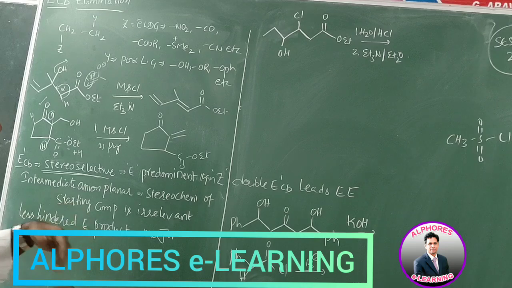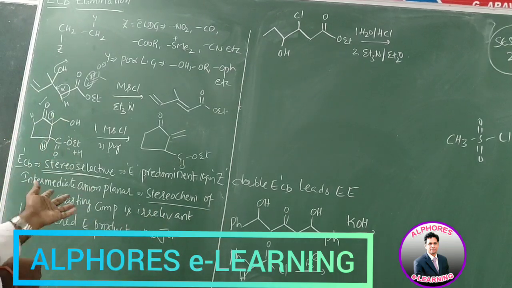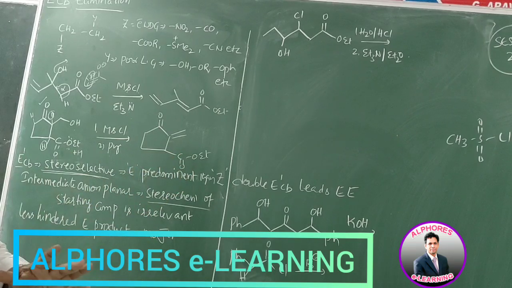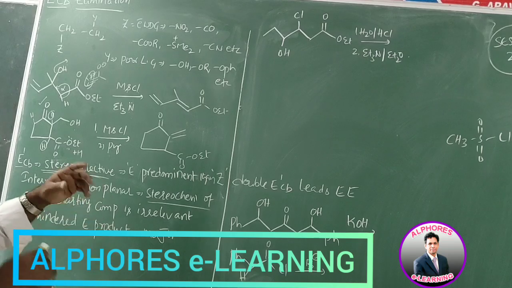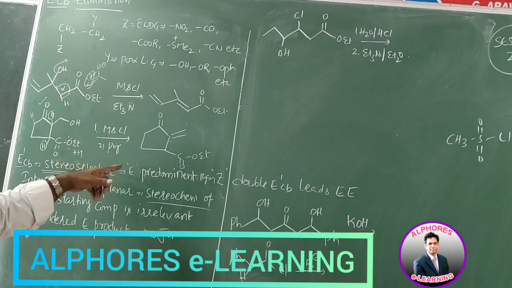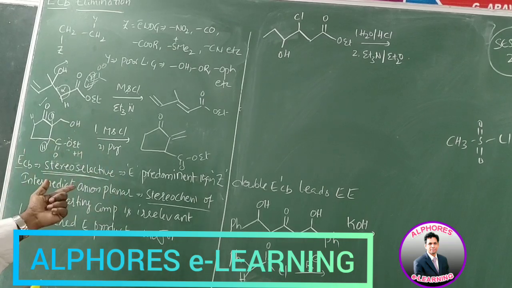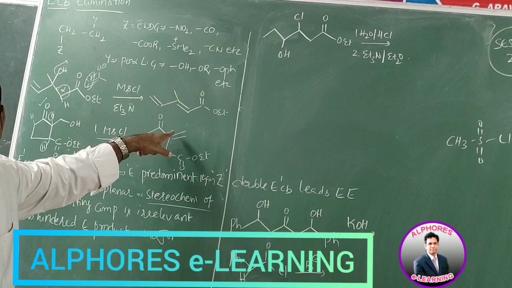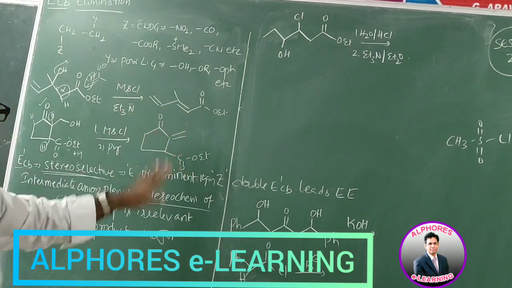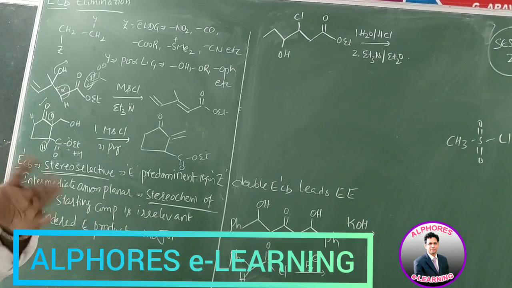Hence, ultimately, whatever the product you are getting, from which substrate you are getting which one is not the criterion. Whatever the initial reactant, ultimately it has to form a carbanion, and that carbanion needs to stabilize by participating in resonance, which leads to sp2 character on the carbon, meaning planar geometry. Because of this, the stereochemistry of the starting compound is irrelevant.